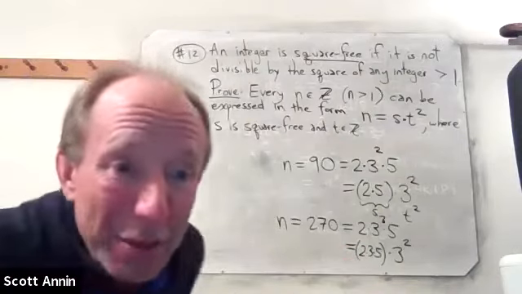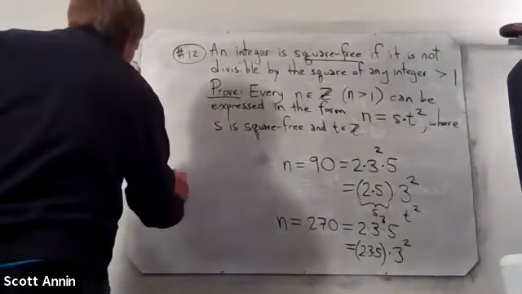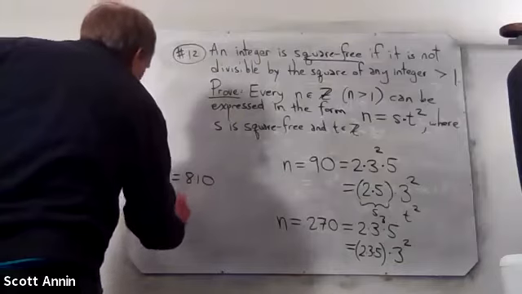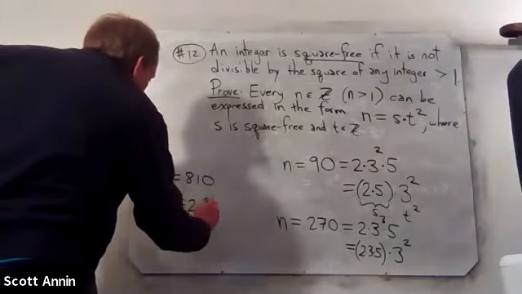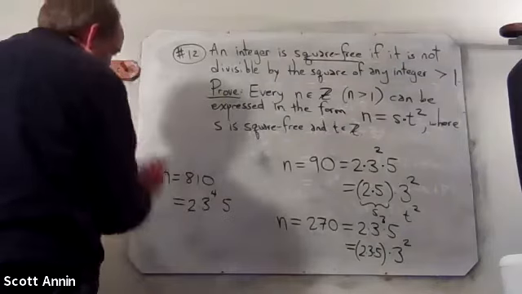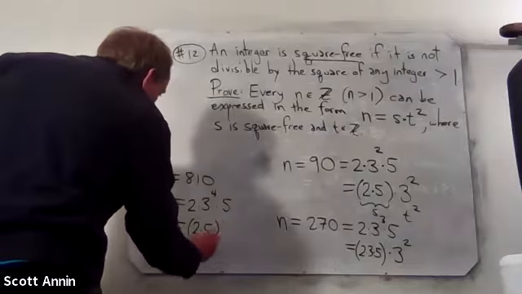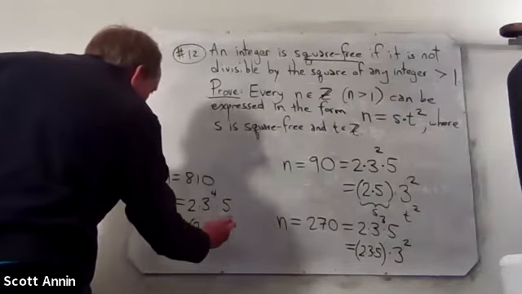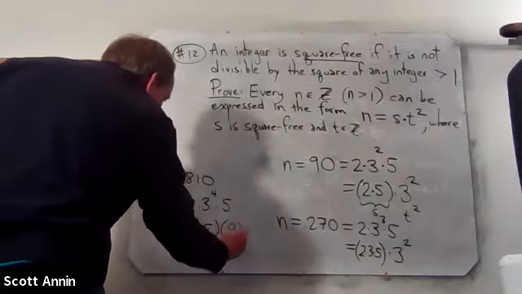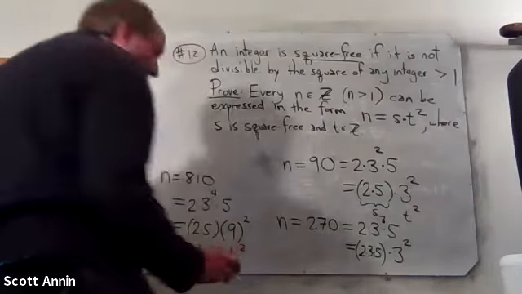What if I go up by another factor of 3? What if I had 810? So now that's going to be 2 times 3 to the 4th times 5. Well, now on this one, again, I can go back to just the 2 and the 5 as being part of the s, and then I can take 3 to the 4th and write it as 9 squared this time.